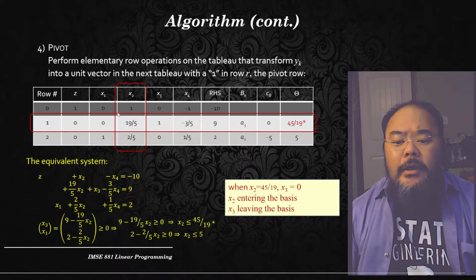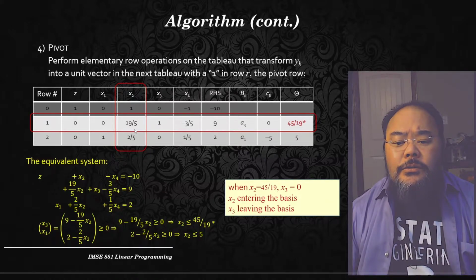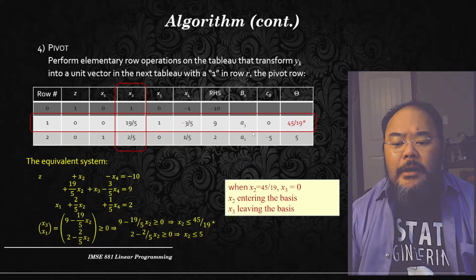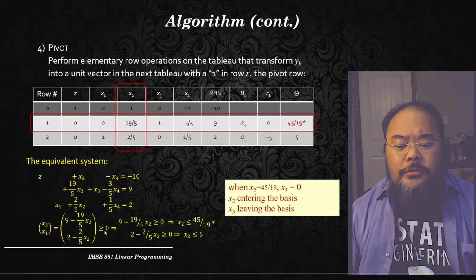So we can actually, from the simplex tableau, write out the corresponding linear system. And since x2 is the entering variable, we can move x2 to the right-hand side, and see x3 and x1 equal to what? So 9 minus 19/5 times x2 greater than or equal to 0, 2 minus 2/5 of x2 is greater than or equal to 0.